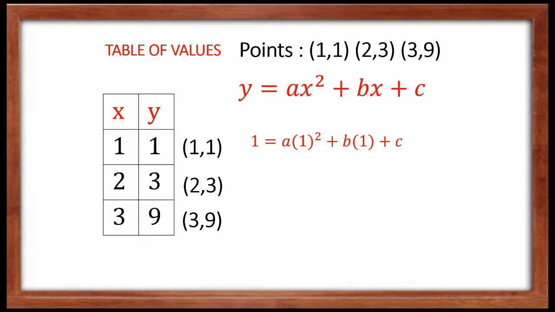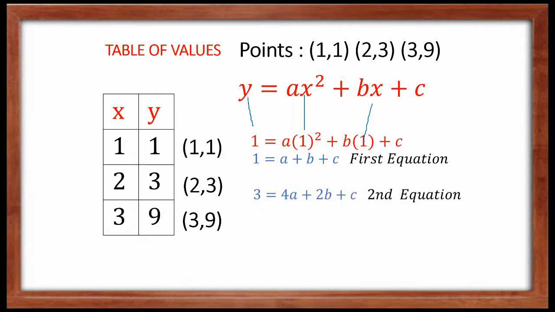We substitute, or replace, the 1, 1 for the values of x and y. It becomes 1 equals a times the quantity of 1 squared, plus b times 1, where the value of x is still 1, plus c. The reduced equation is 1 equals a plus b plus c. That is our first equation.